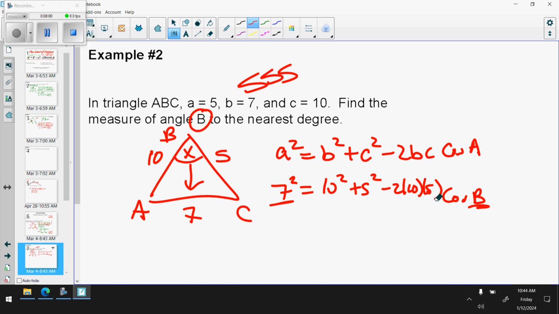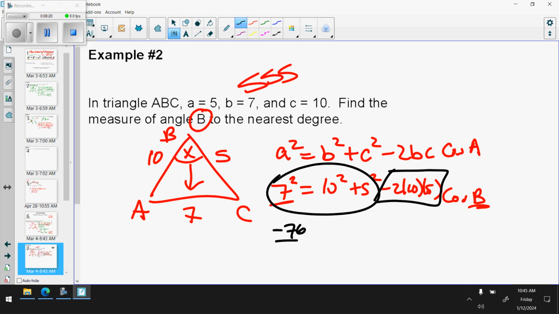Again, we're looking for the angle, so I'm going to do it in 3 steps. Ready? Step 1, there. Step 2, multiply those together, divide by it. Step 3, second cosine of that answer. So I'll do it in baby steps. 7 squared minus 10 squared plus 5 squared gets me negative 76. This gets me negative 100.